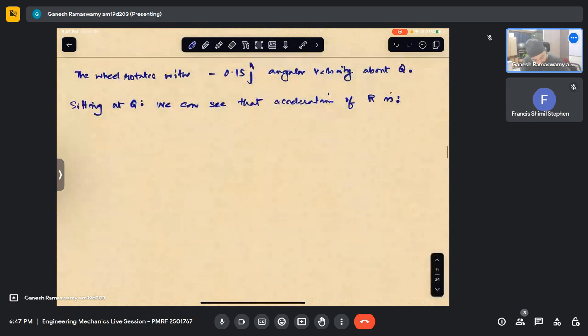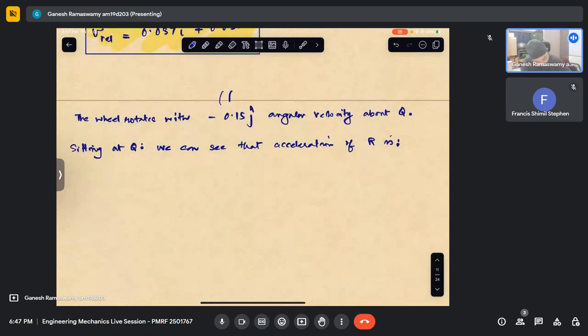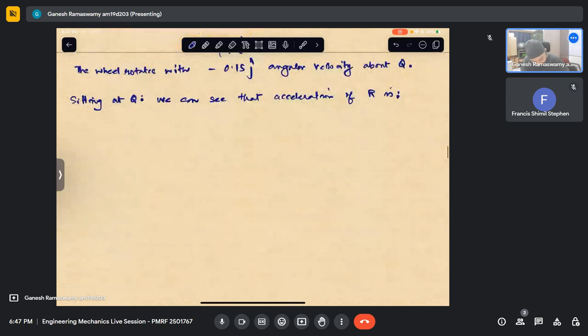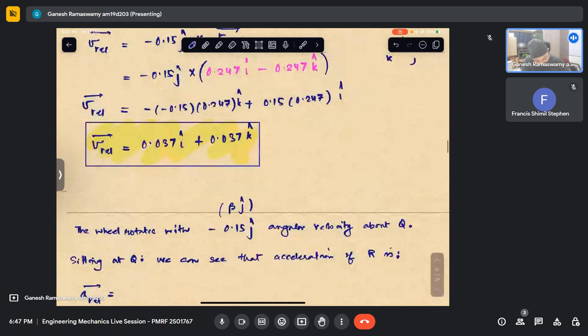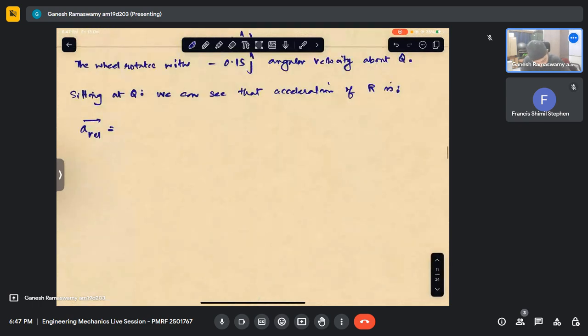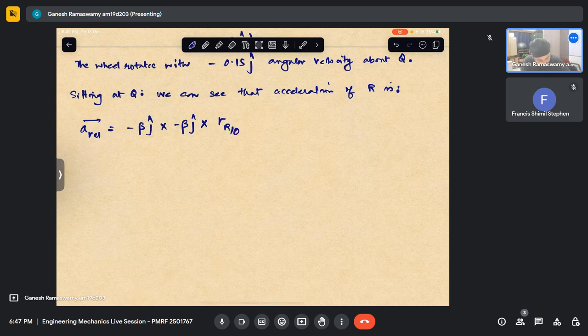This is actually beta, beta j. So AREL will be, what would we write here? Centripetal plus tangential.